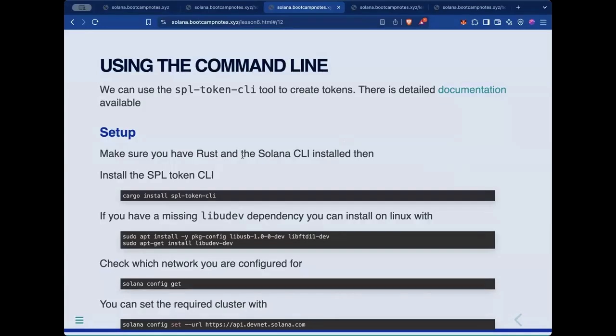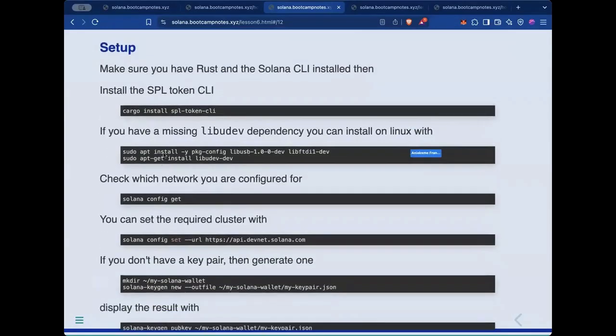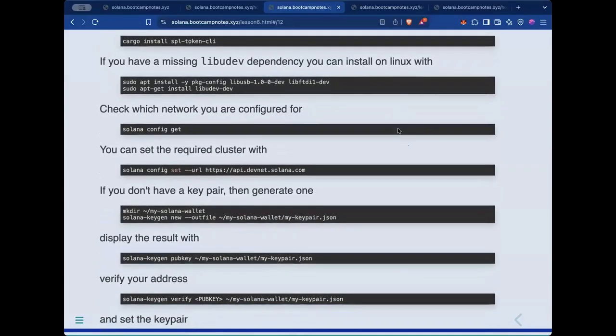So you need to have the normal command line, the normal CLI installed, and then also you have to install this particular CLI for SPL token. It may be that if you've got a missing dependency, then there's details here of how to install it on Linux. That sometimes happens.